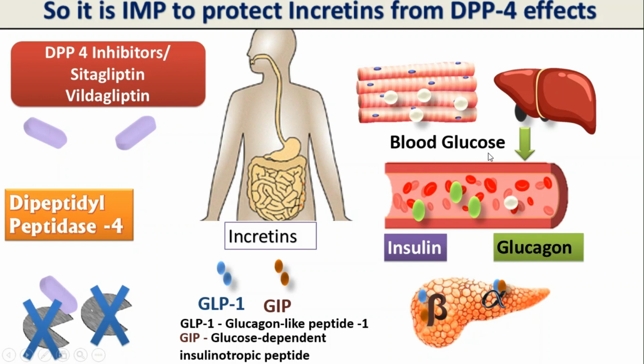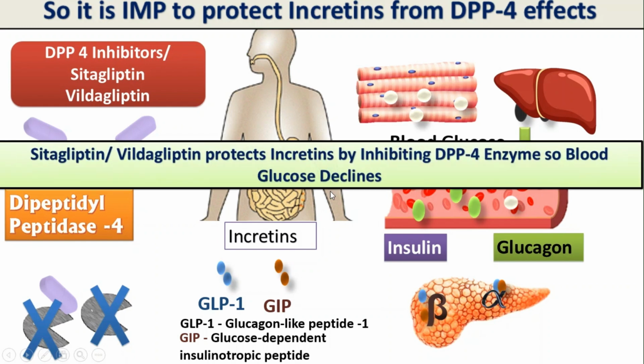Ultimately, the blood glucose level decreases. So this is how Sitagliptin and Vildagliptin work. Sitagliptin and Vildagliptin protect the incretins, that is GLP-1 and GIP, by inhibiting the DPP-4 enzyme. So this is how they reduce the blood glucose levels.